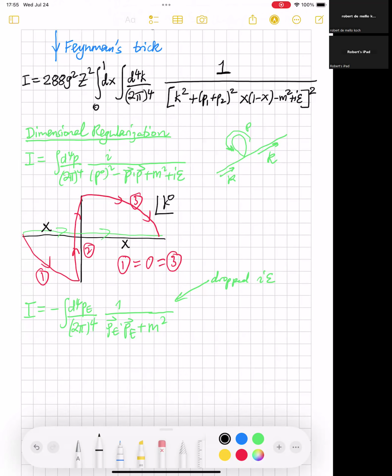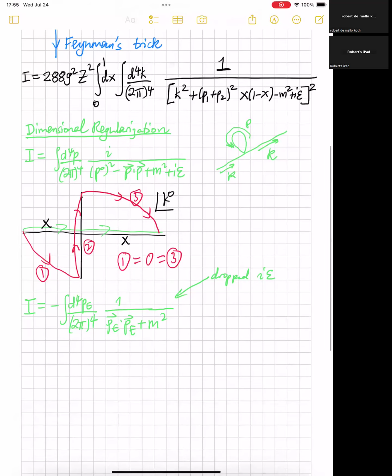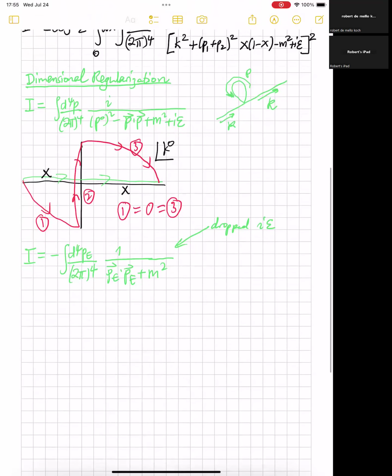Good. So if I asked you to do this integral, I'm sure the first thing that you would suggest is I should move to a radius and angles. So that's what I'm going to do. And okay, so let's do the dimensional regularization step. So here is the dimensional regularization step.